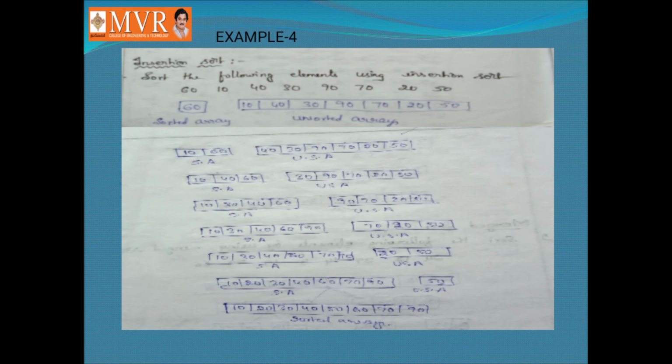After comparing with 60, you will see that 50 is smaller than 60. So I have to place it in front of 60. And again, I will check if it is in order or not. Finally, I get a sorted array. This is the simple process.